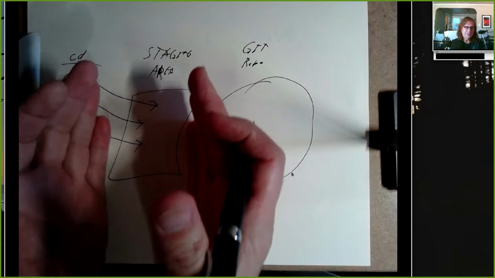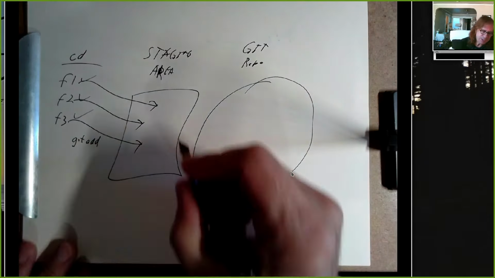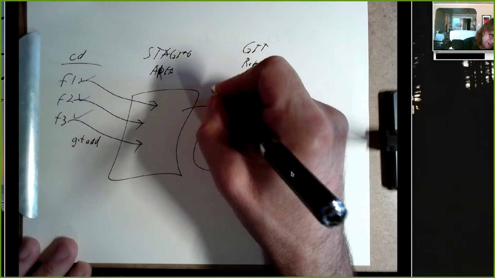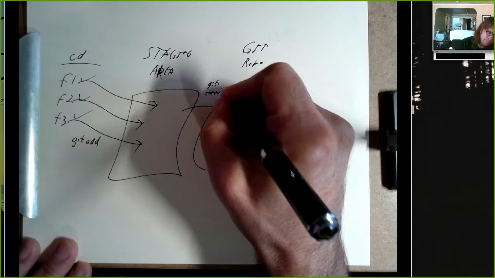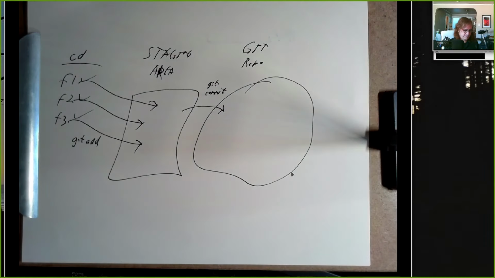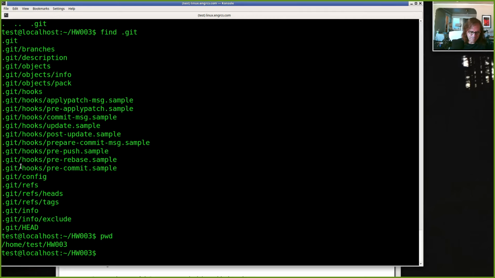This is basically all the stuff that you want pushed into Git. And then when you want to actually put it into your repository, that happens when you say git commit. All right, it takes a little bit of thinking at first, but then it's pretty rapid.